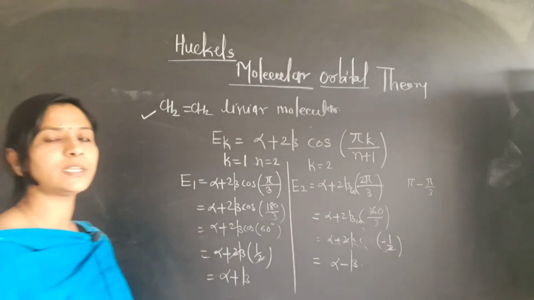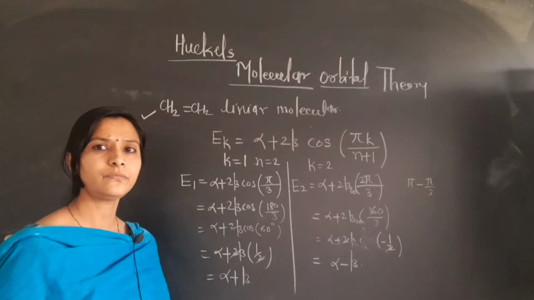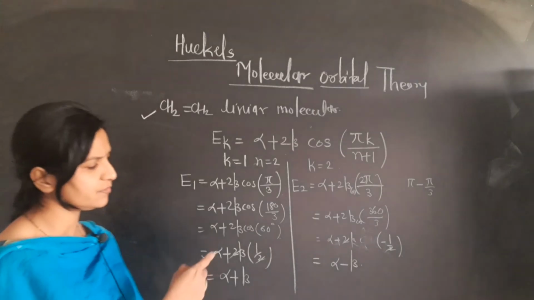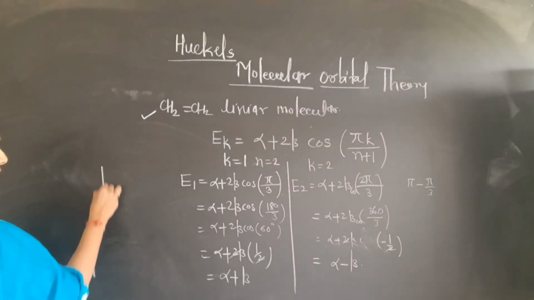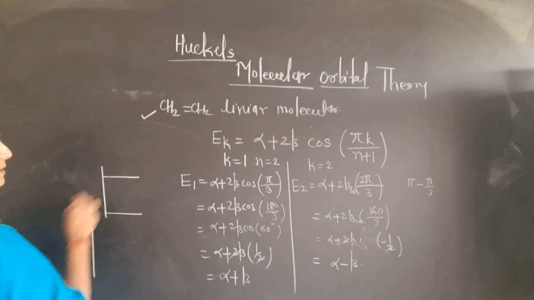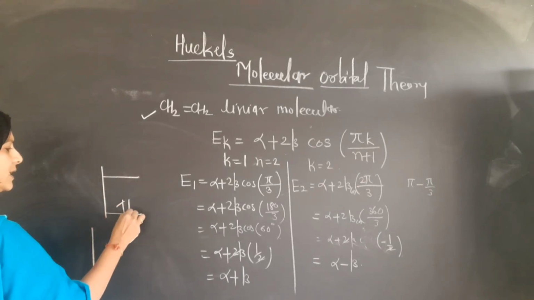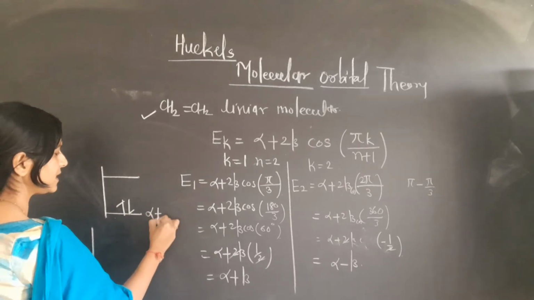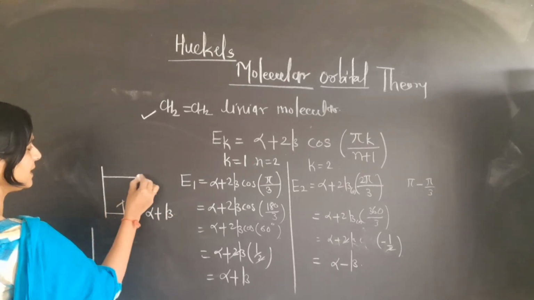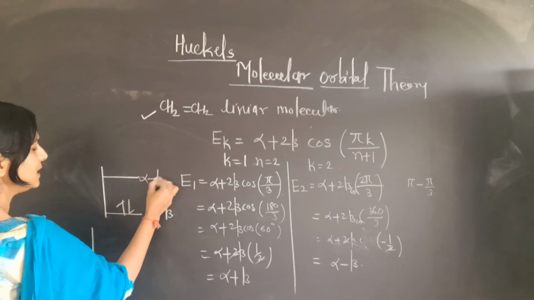You should use the log table or a scientific calculator to find out the cos value here. When we draw the energy levels for the ethylene molecule, we get 2 electrons at the lower energy state, that is alpha plus beta, and a higher energy state, that is alpha minus beta.